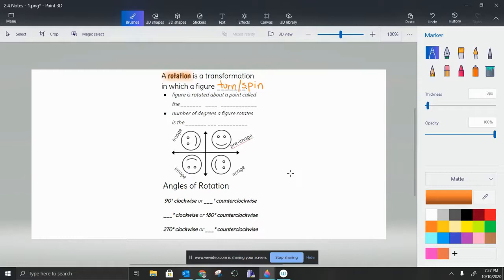There's three things that we need to know in order to successfully do a rotation. The first thing we need to know is what we're rotating around. And that is always going to be a point on a graph, and we call that point that we're rotating around or about, the center of rotation.